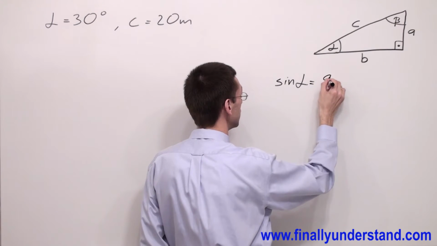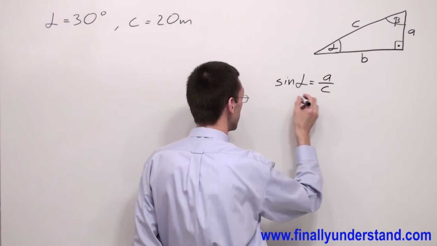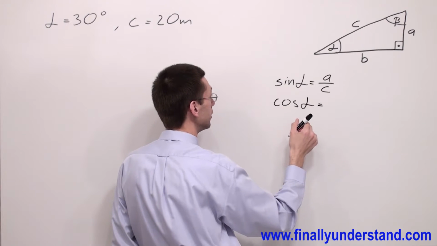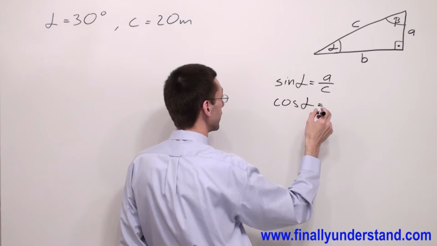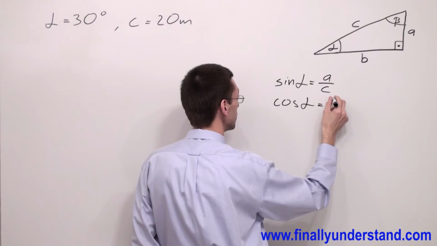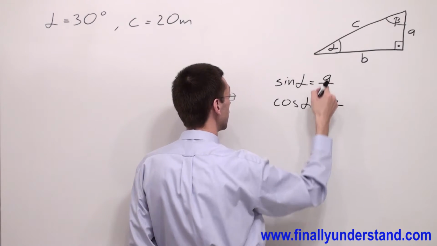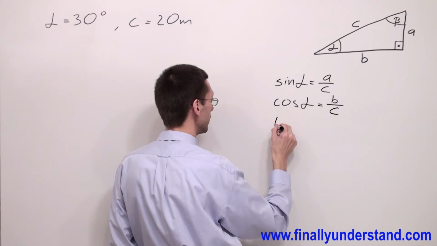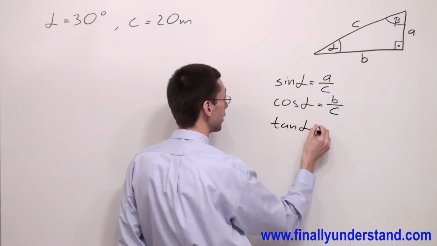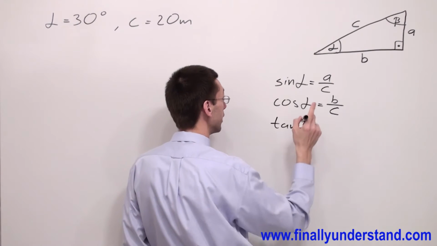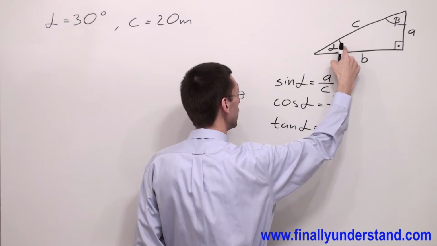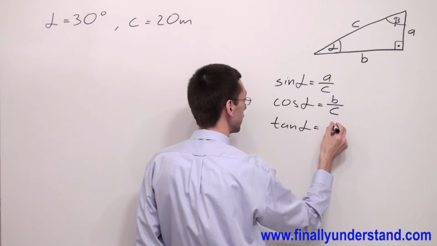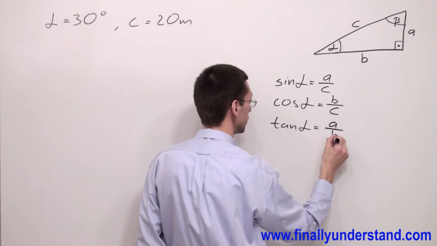So it's A over C. Cosine of angle alpha is equal to the length of the adjacent, meaning side B, to the angle alpha over the hypotenuse, over C. And tangent of angle alpha is equal to the opposite side to angle alpha over the adjacent to angle alpha. So I have A over B.